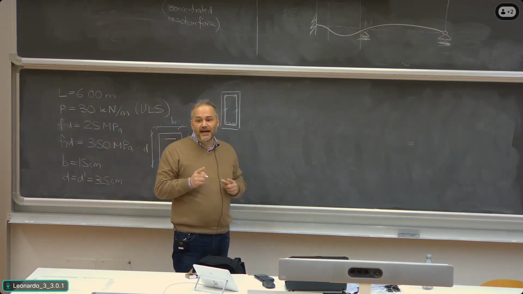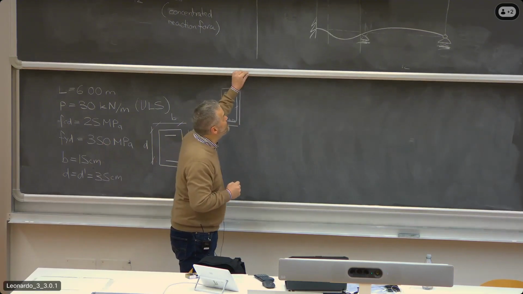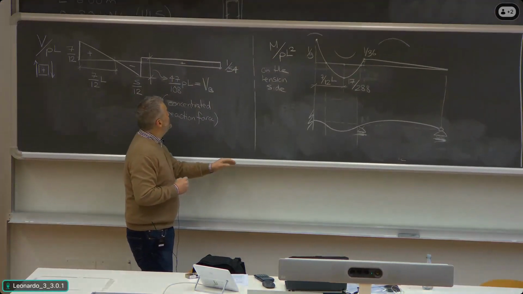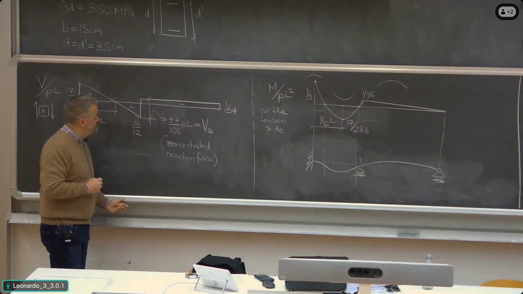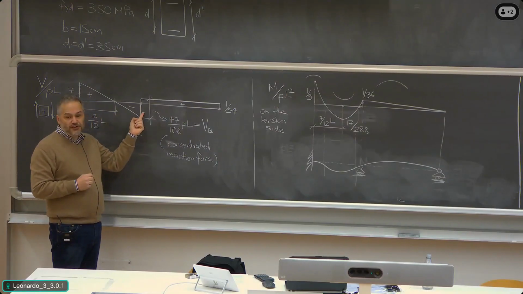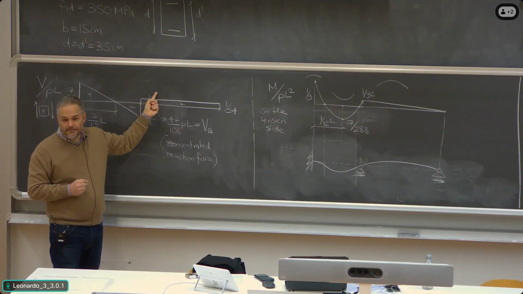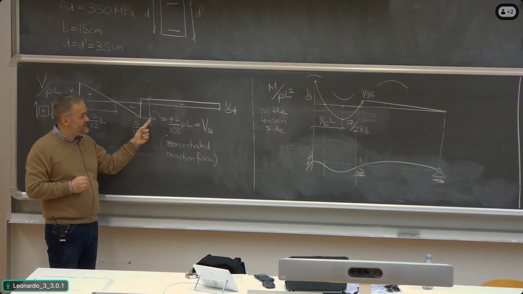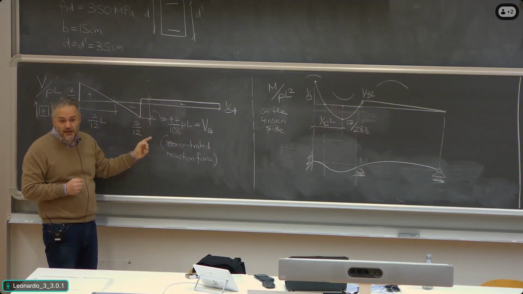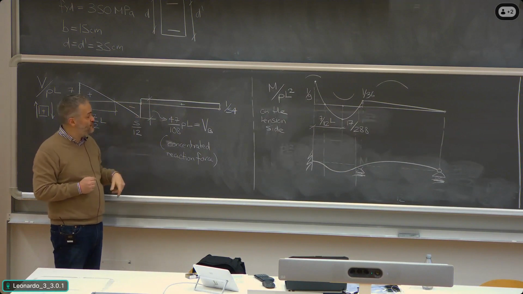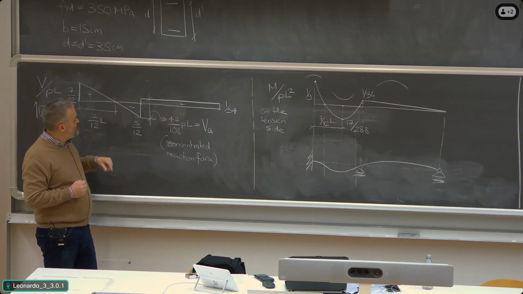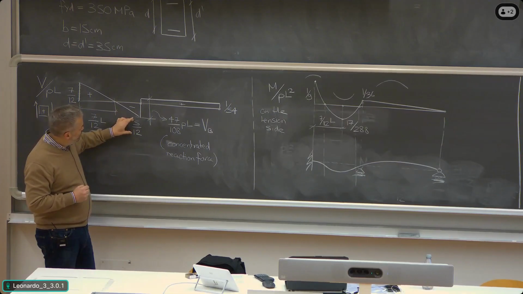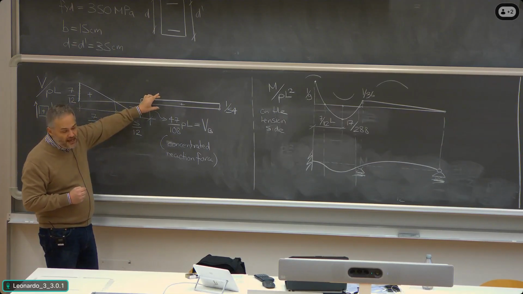Why did I specify at the left of point B? Because if you look at the shear force diagram, you see that the shear force is different at the left and at the right of point B. Two different values. I specified there is a discontinuity here because of the presence of the reaction force. So which value should I take between 5/12 and 1/54 PL?